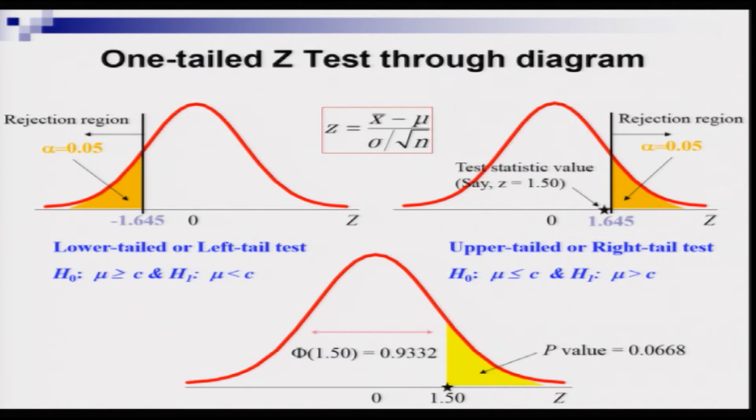So, here in the first top panel of the slide I am going to show you the diagrams which are going to explain in detail how we actually make a decision if we go by the traditional approach. Okay, so let us first look at the diagram on the left hand side, and that is the case of lower tail or left tail test.